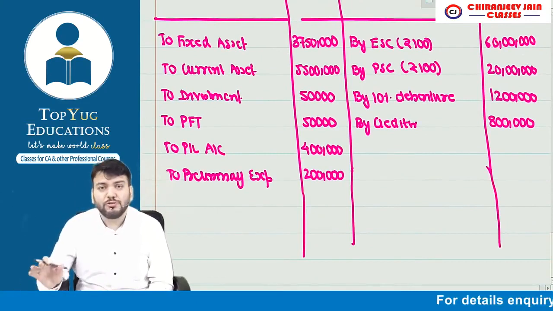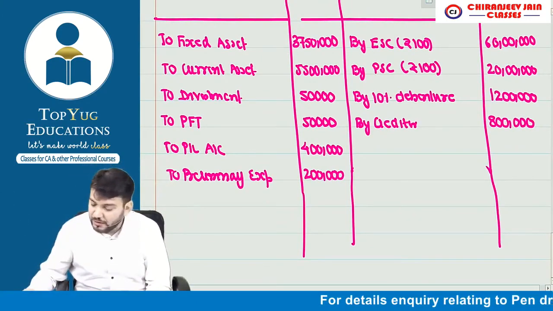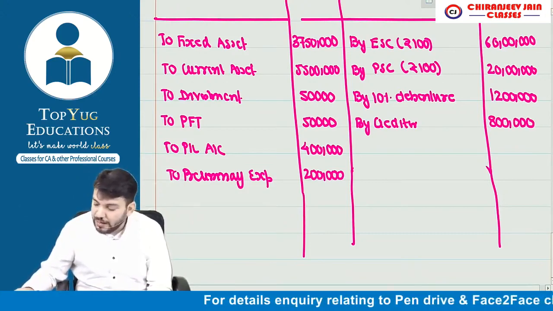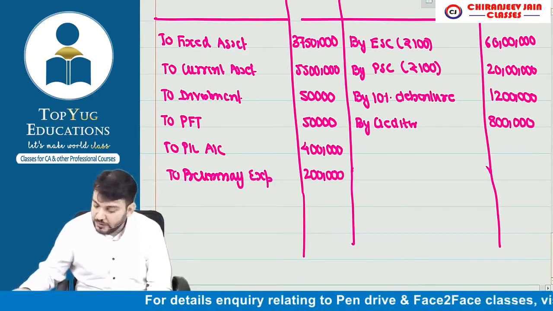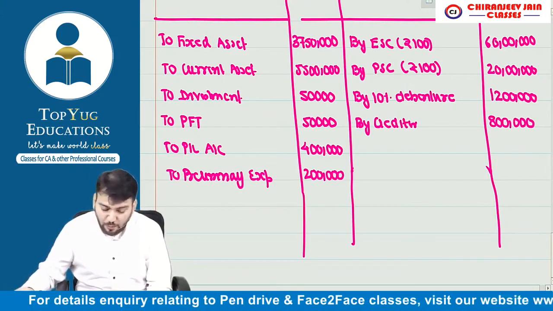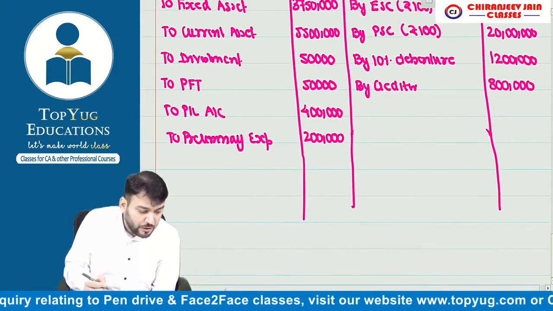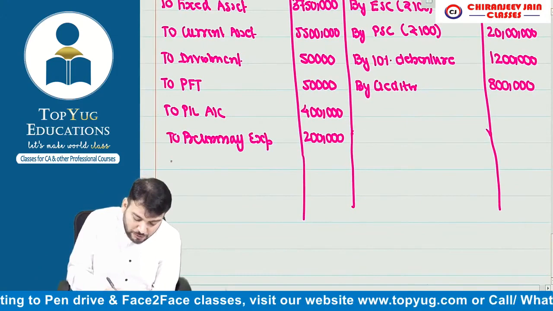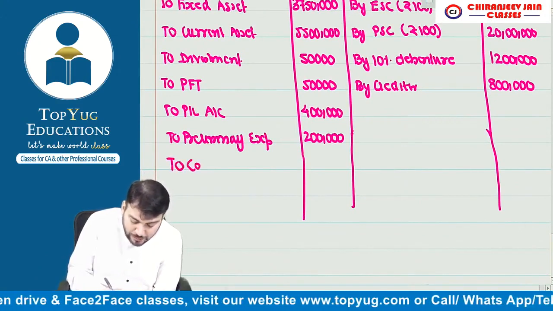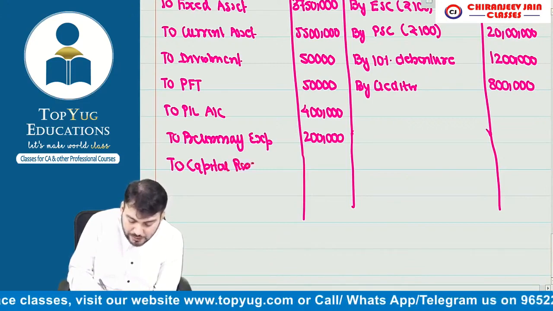Of course in most questions it will be nil or there will be surplus. So 60 plus 20 plus 12 plus 8 minus 37.5 minus 55 minus 0.5 minus 0.5 minus 6 is equal to what? It is a surplus of 50,000. So that will be transferred to capital reserve.